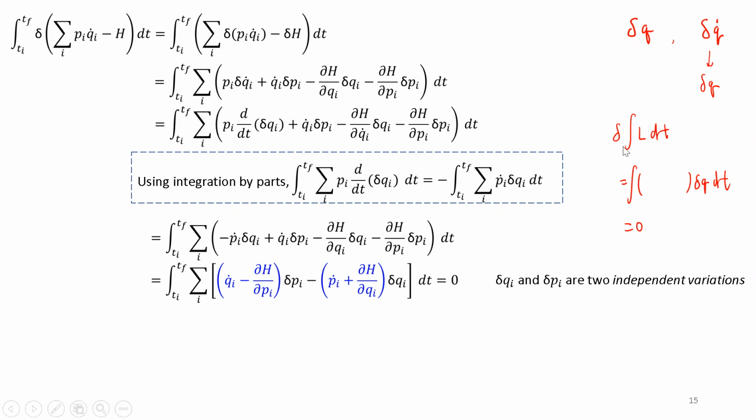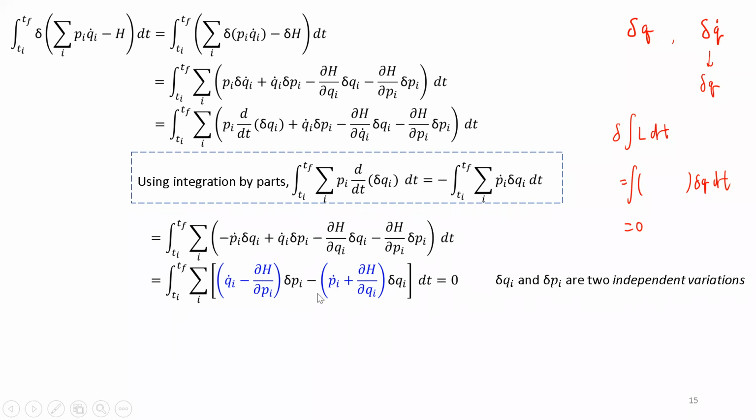So in the case of Lagrangian, when you have this delta q and delta q dot, we don't treat delta q and delta q dot to be independent variations, because delta q dot can be converted to terms of delta q. Here, delta p and delta q, we treat them as independent variations.